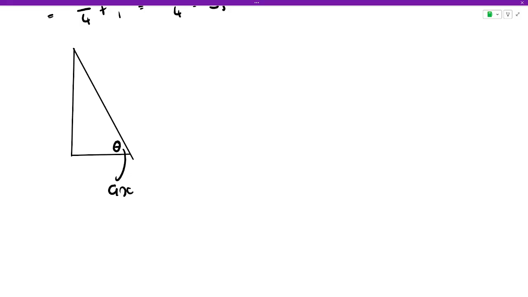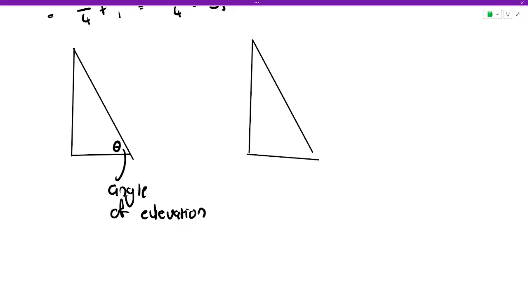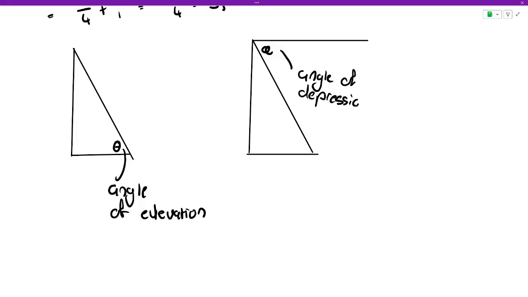I was correct. Now, this on the other hand is known as the angle of depression. This line here is supposed to be dotted, but because I can't draw it straight here, it will just be like that.